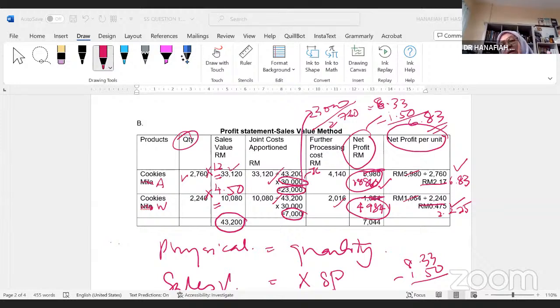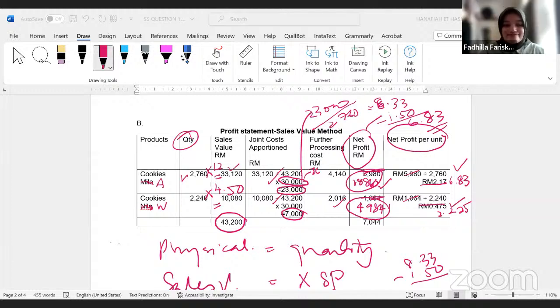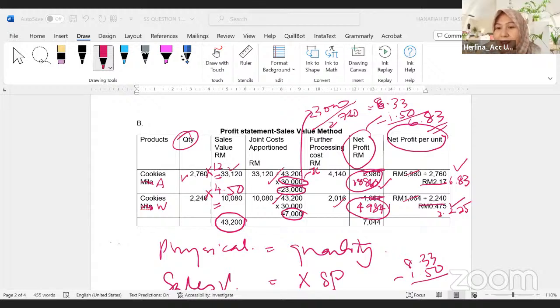So look at the question carefully. Okay, thank you, ma'am. Fadila, in an exam, it is based on the question, right? But when you work in a company, maybe in the manufacturer, it depends on the judgment of the management, I think. Okay, thank you, Bu. Yeah, you're welcome.